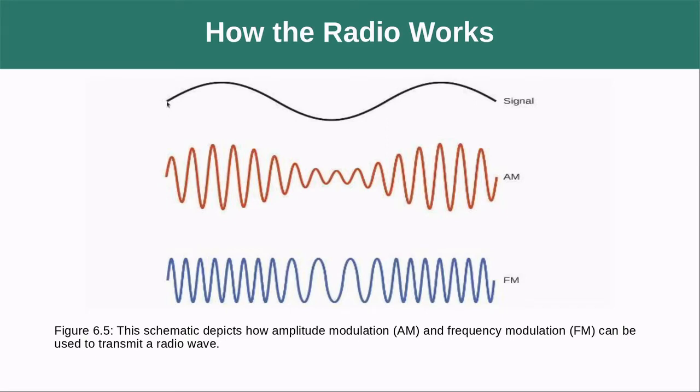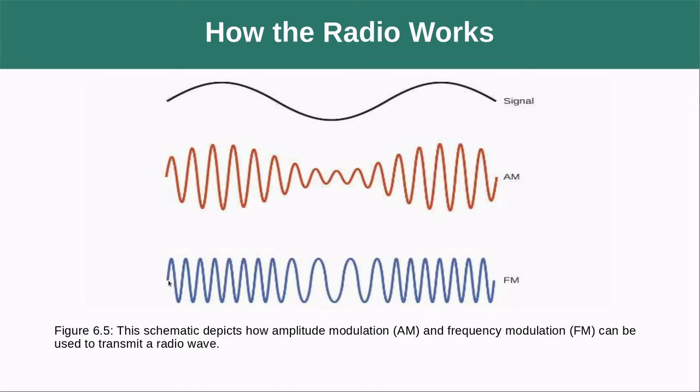If I start off here, and I say, okay, I want my signal to increase to here, in AM modulation, I'm going to make the amplitude go up. So the higher the amplitude, the higher this wave goes. The lower the wave goes, the lower the amplitude is going to go on my signal that I'm sending, until I can reconstruct this signal based on the amplitude.